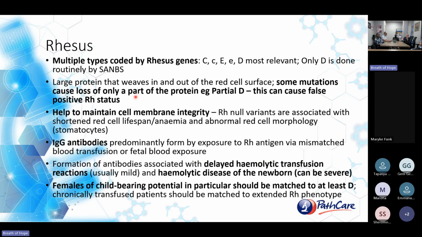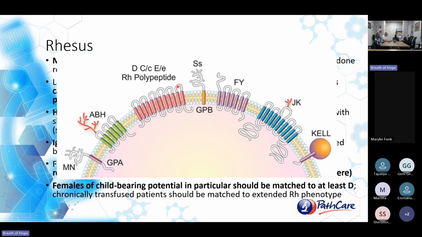And the reason I mention that is that sometimes you get a mutation where you lose only part of the protein. And then with antigen testing, our antigen test might, for example, bind to these two loops and say this patient's RHD positive, but the patient's missing perhaps half the whole rhesus molecule. And then the patient can develop anti-D antibodies, even though they're supposedly Rh positive.